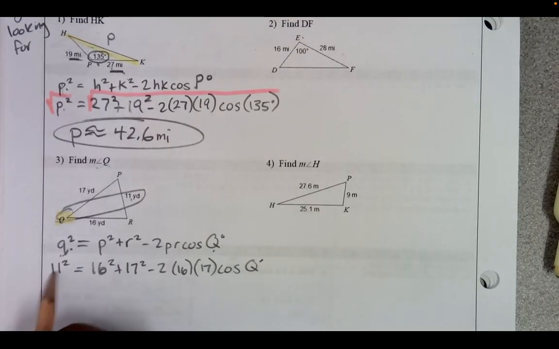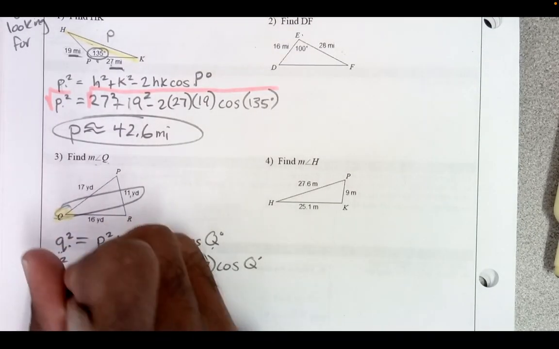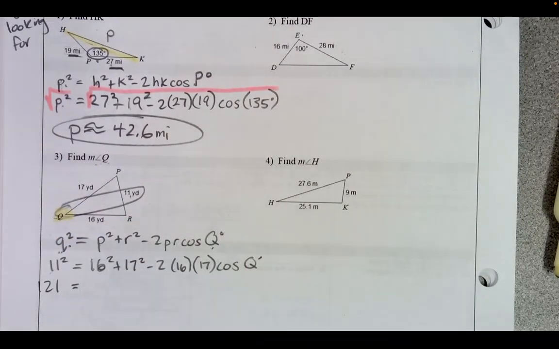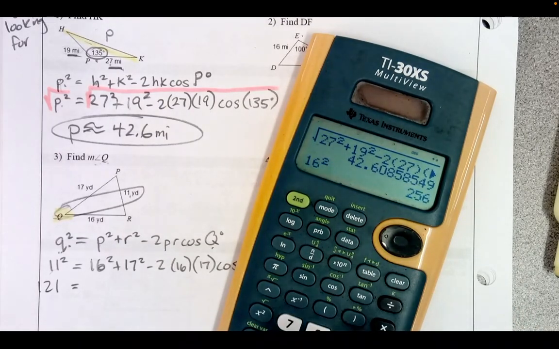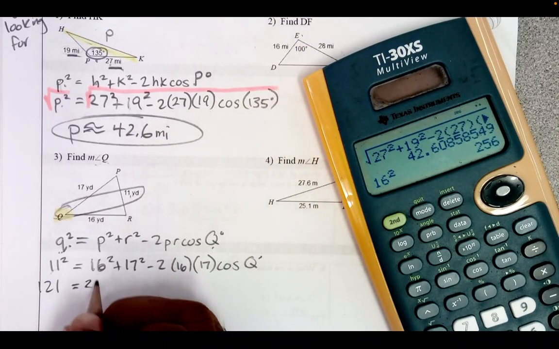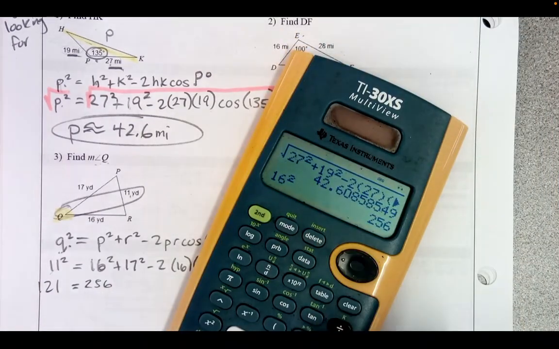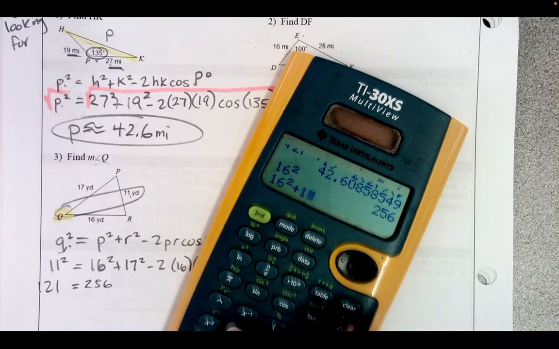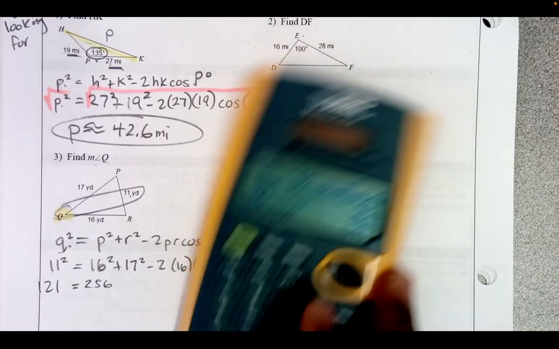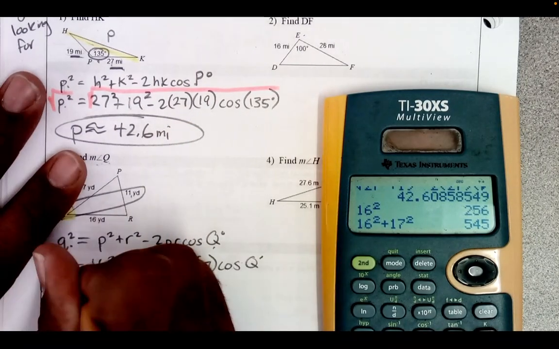Okay, so first thing, 11 squared. Does anybody know what that is? 121. Anybody know the other two? Let's see, 16 squared, 256. And actually, matter of fact, I'm going to do both 16 squared plus 17 squared just to save ourselves some steps. So I'm actually going to write that instead of 256.